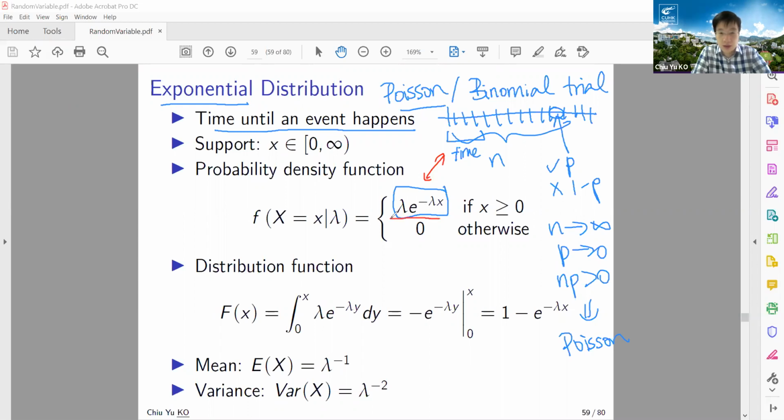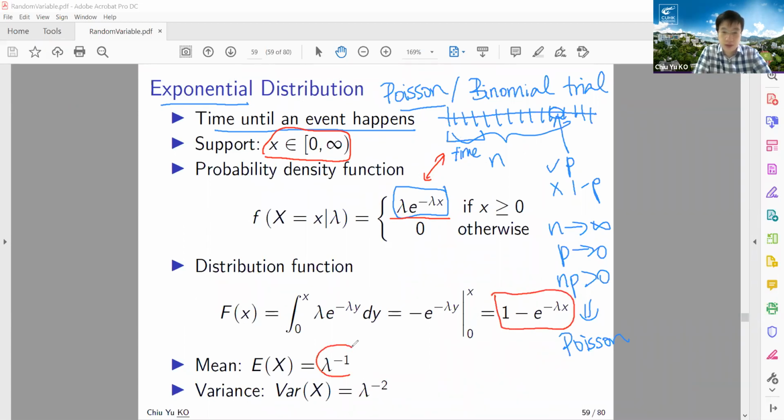But this is motivation, right? At least this means that this is a random variable that takes values from 0 to positive infinity. And the distribution function is an integration. But anyway, this is the thing that you should keep in your mind, okay?